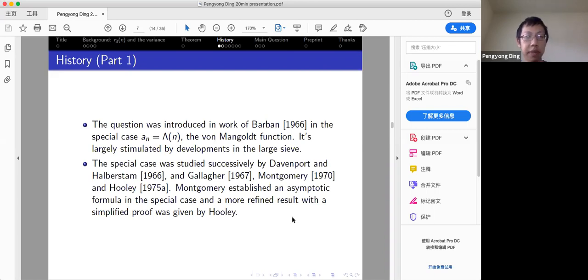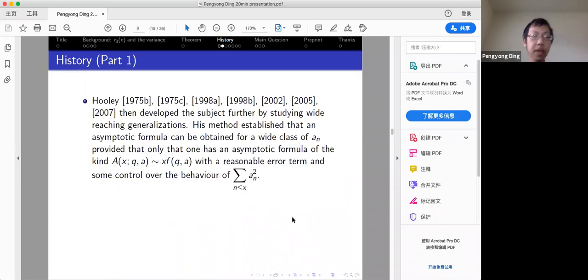Later, the special case was studied successfully by several different mathematicians. Among them, Montgomery established an asymptotic formula in the special case, and Hooley gave a simplified proof with a more refined result. Then Hooley developed the subject further by studying wide-reaching generalizations.